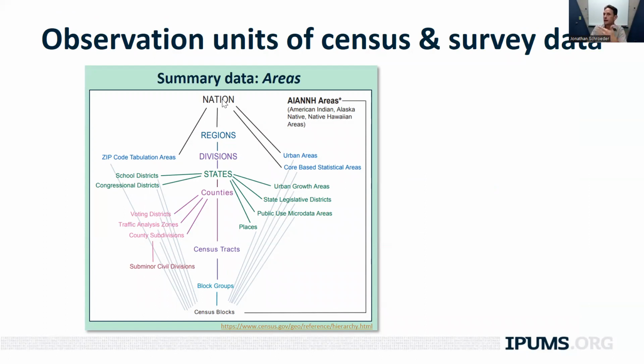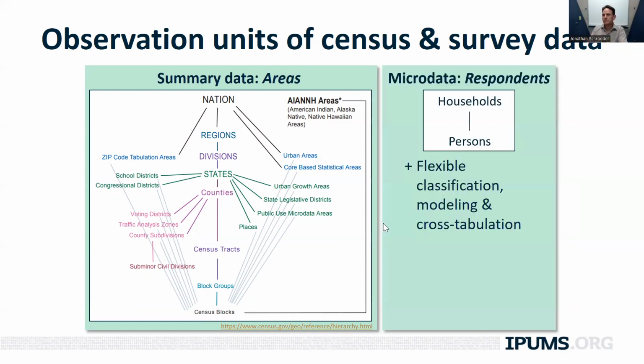Like in our US Census data, you can get data for the nation or for states or for counties, census tracts, block groups, all the way down to individual census blocks and lots of other areas that relate to these others in different ways. For example, county subdivisions nest within counties. For example, they make up New England towns and towns in various other states.